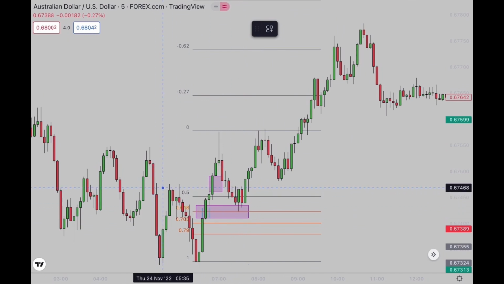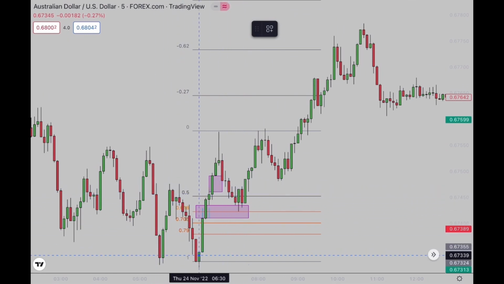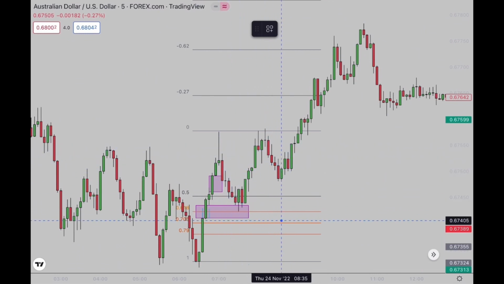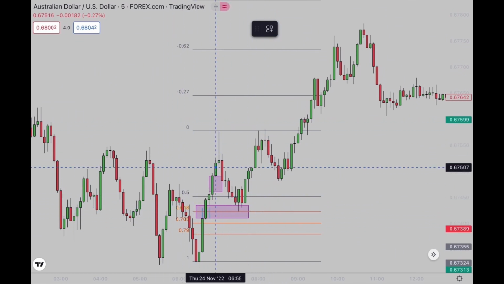We create a displacement, and displacement is just a range that did break through a previous high or low. So we have this displacement, and that is your range.